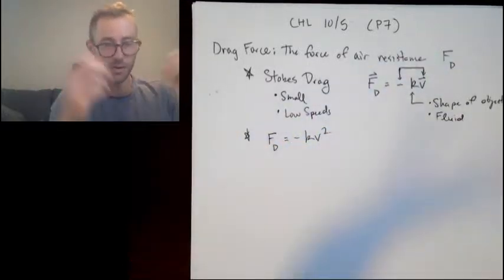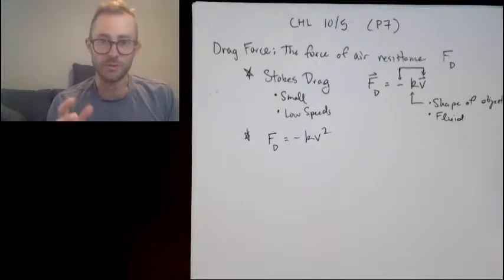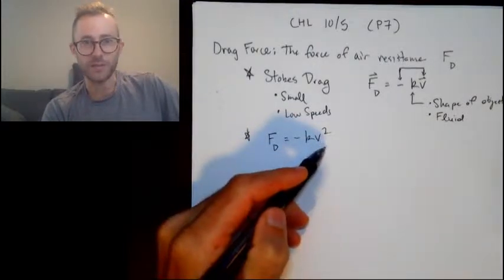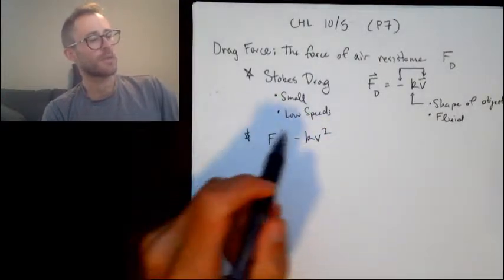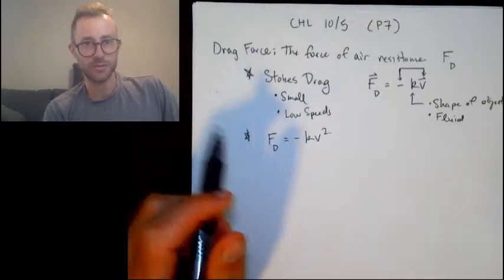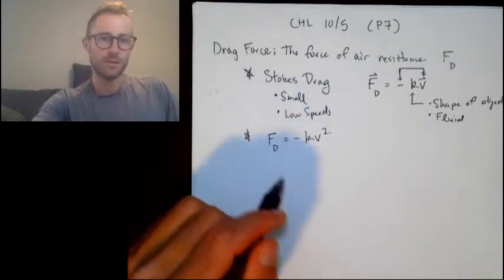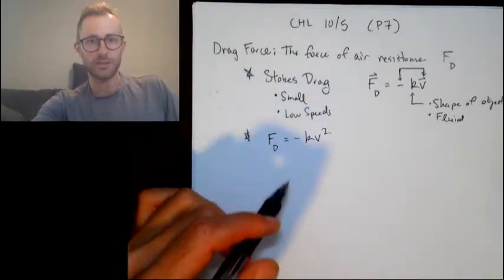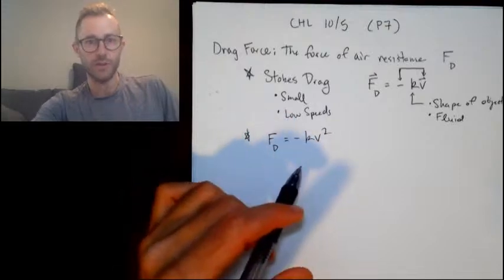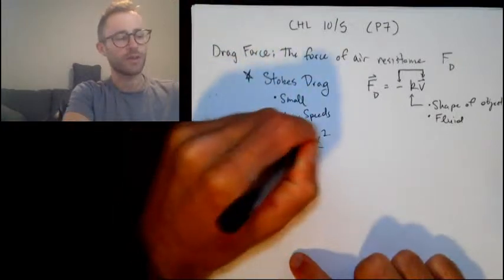All models of the drag force increase with speed, but this one increases faster. It increases quadratically, and it has a minus sign out front because it's oppositional. So this one is used for airplanes and humans, things that are larger and going fast. But we're not going to talk about that.